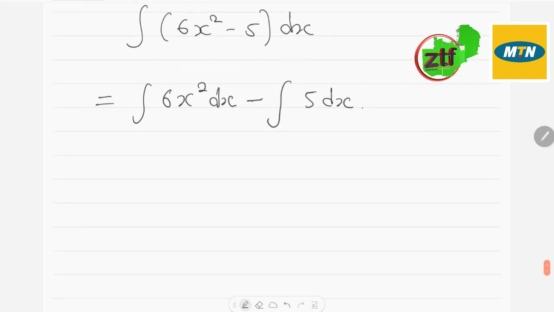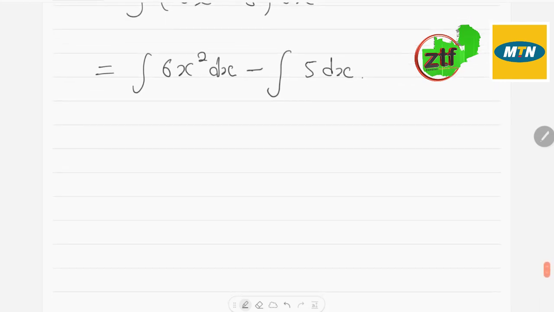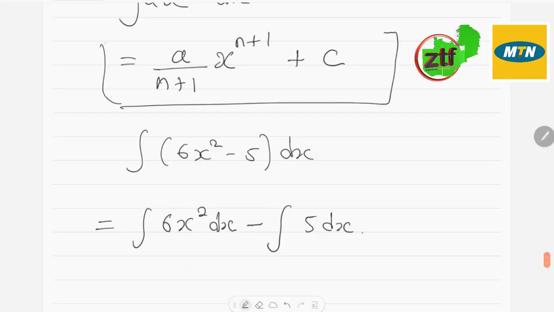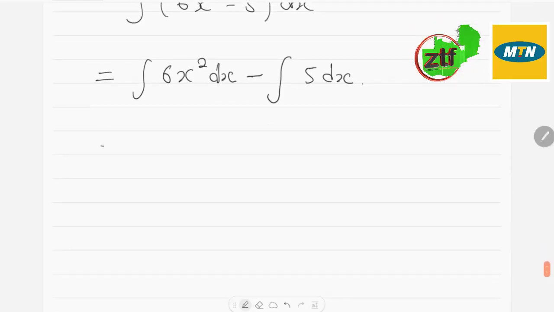So when you do that, we integrate 6x squared, where x is raised to the power 2. Using the procedure we have here, the integral of 6x squared will give us 6 divided by the power of x, which is 2, added by 1, then we have x, with the power of x added by 1, which is 2 plus 1, then we have minus.